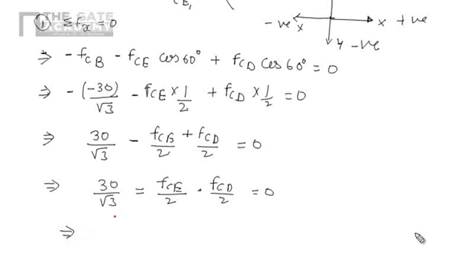So that we can get the equation FCE minus FCD equals 60 by root 3. This equation we can get.